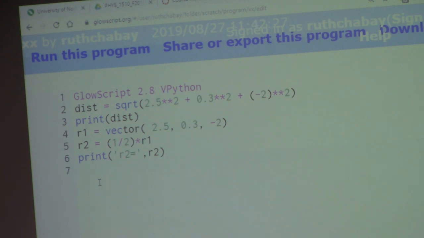Now let's find the magnitude of this new vector R2. We could take the square root of the sum of the squares, and you might want to do that to convince yourself it's right, but we can also just ask the computer to do it for us. R2 magnitude is just the magnitude of R2.